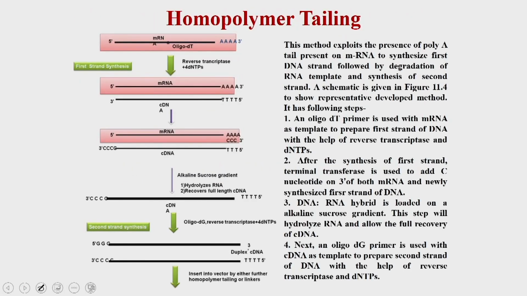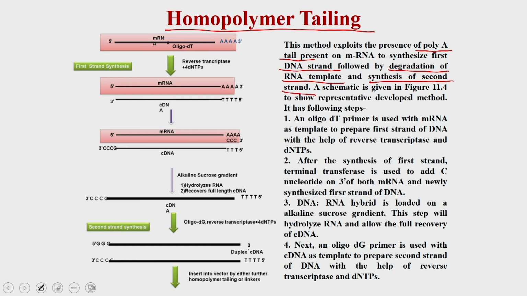In the homopolymer tailing, this method exploits the presence of the poly A tail on the 3 prime end of the messenger RNA. First you use this poly A tail on the messenger RNA to synthesize the first strand, which you do by the reverse transcriptase, and then you induce the degradation of the RNA template and the synthesis of the second strand.